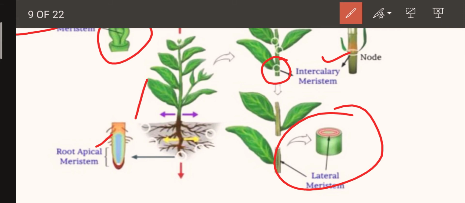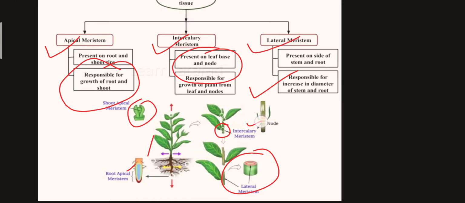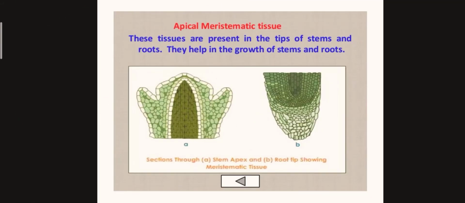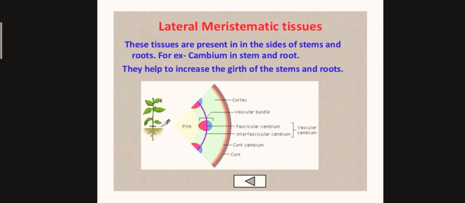So wherever secondary growth takes place, it is because of the lateral meristem. This is a morphological presentation of the apical meristem, how this tissue is present in the apices. This is SAM and this is RAM. We will talk about it in our later videos.